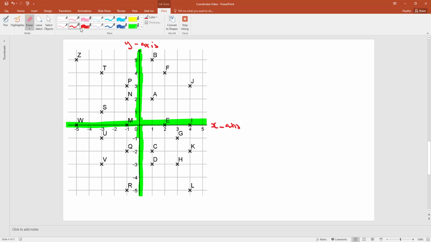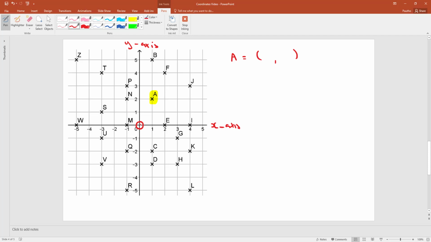Okay, so if we look at point A, for example, which is here, we know it's going to be in this format, and the x coordinate goes first. Now, the x coordinate is how far you have to move from the very center of the graph. It's called the origin, the start of the graph and the grid.